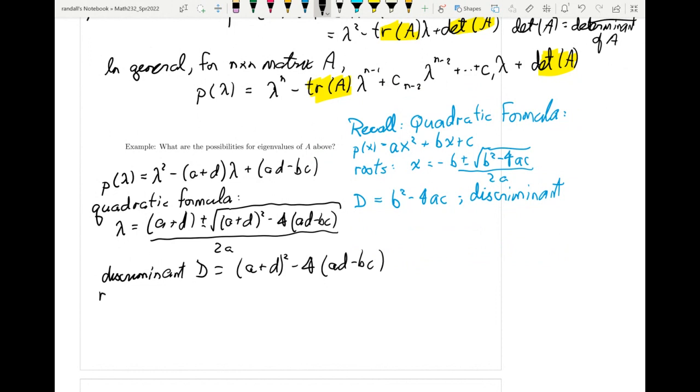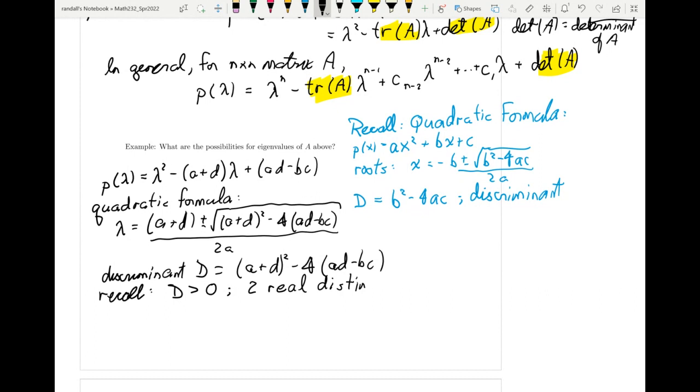Now recall the various cases. If the discriminant D is a positive quantity, strictly bigger than 0, then there are two real distinct roots.